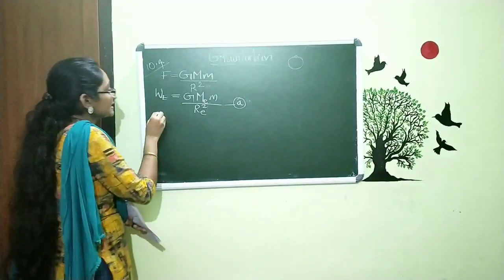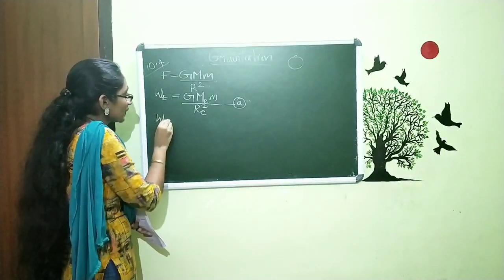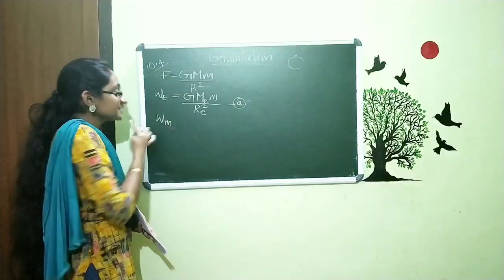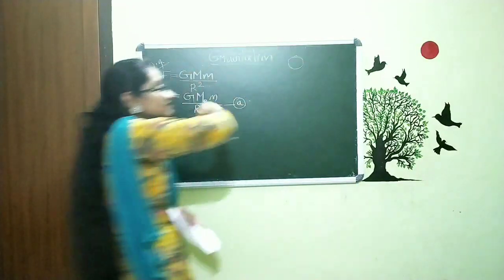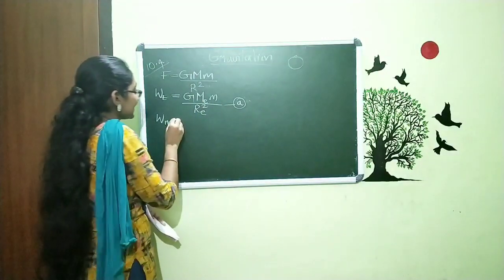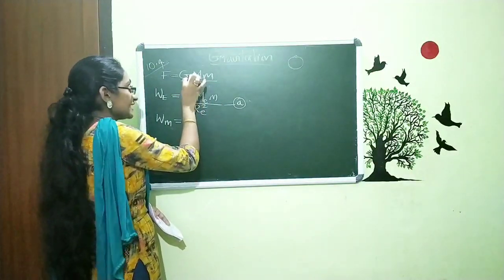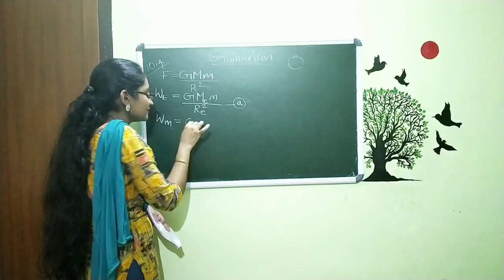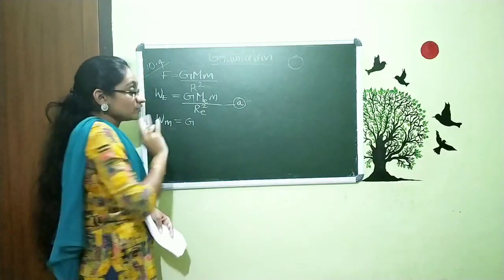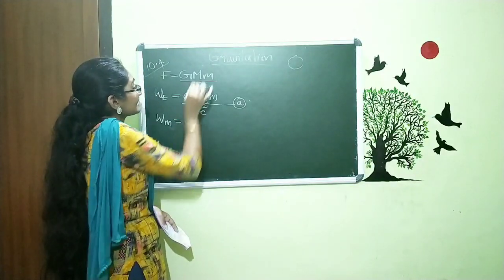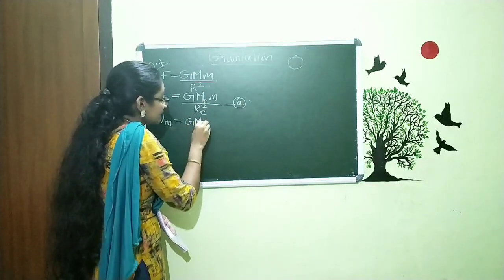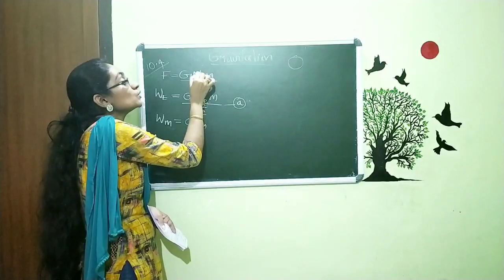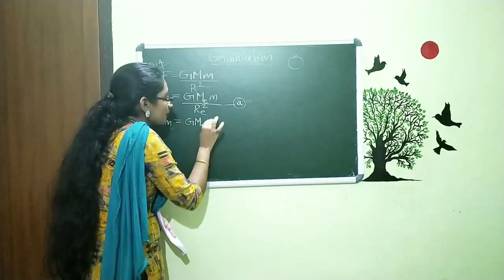The next one is Wm, the weight of the object at the surface of Moon. Now this is the Moon and this object is at the surface of the Moon. So Wm is equal to G, again the universal gravitational constant, which is a constant we are unable to change, times capital M, the mass of the Moon, into small m.